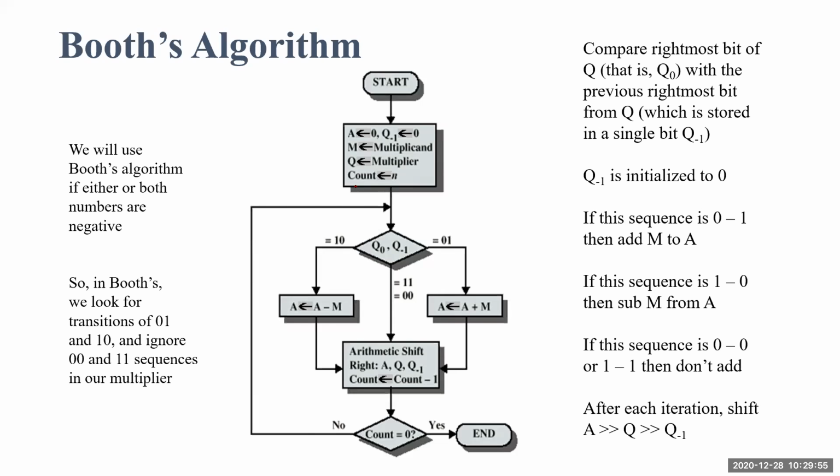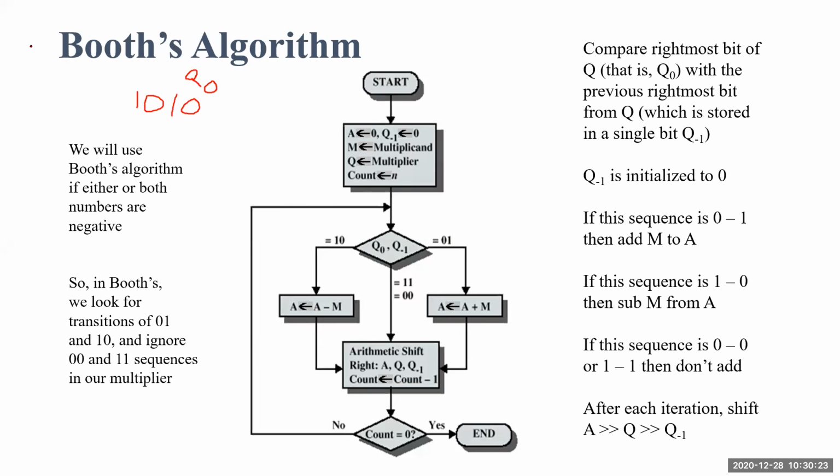Q minus 1 is related to a memory cell. If you have a 4-bit memory cell, assume it holds 1, 0, 1, 0, and assume this is my Q. Q is what we call the multiplier. In a multiplication, we have a multiplicand and a multiplier.